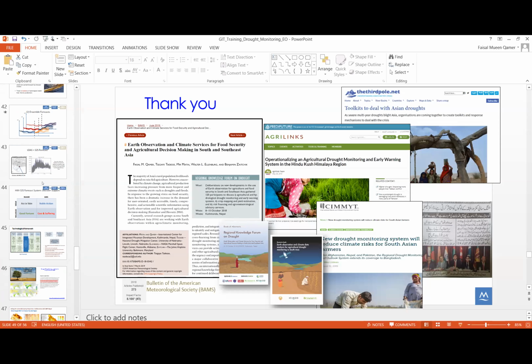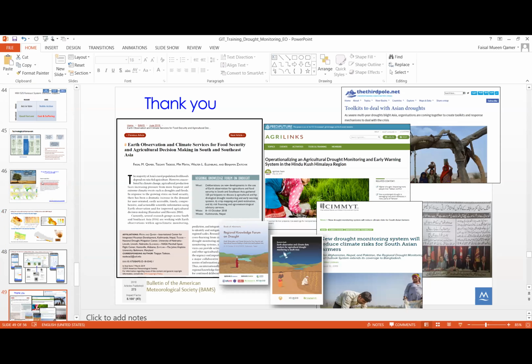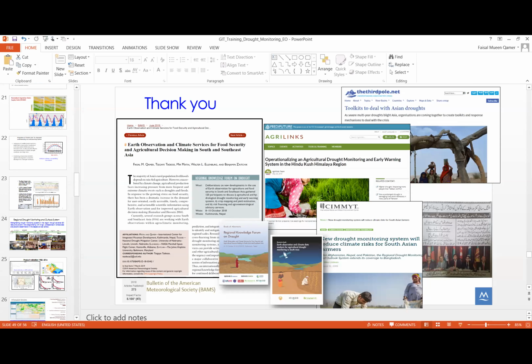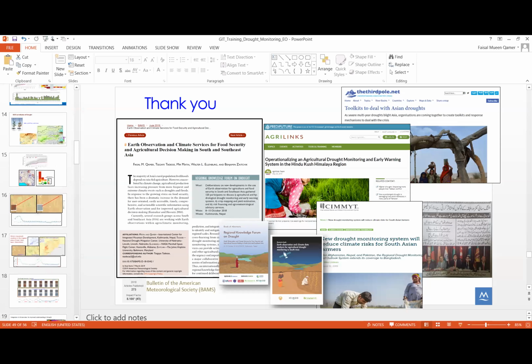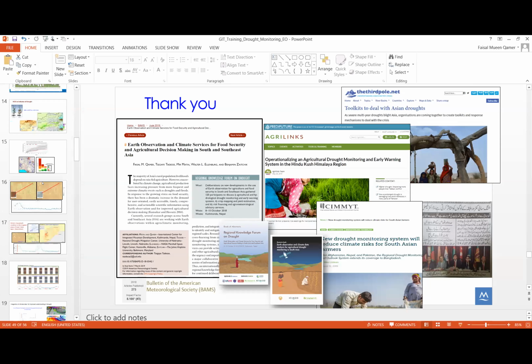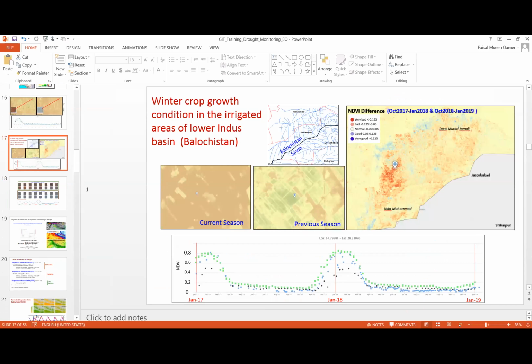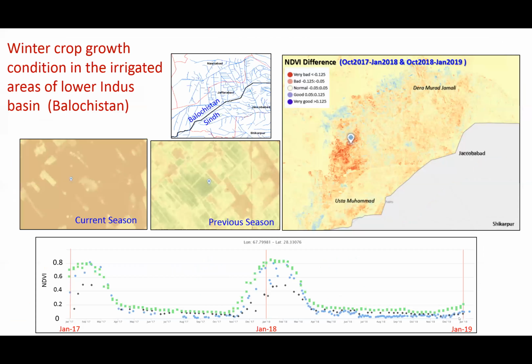Okay, for example, this is NDVI. For example, in the case of Pakistan in a cropland, vegetation starts growing somewhere in December.